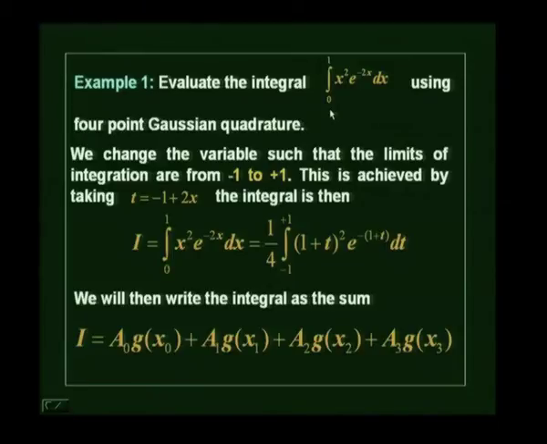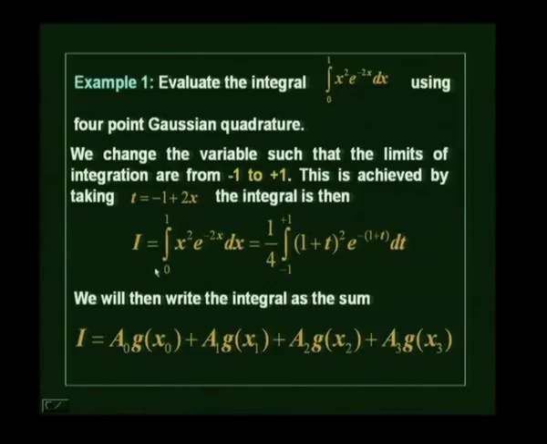So, we will make a slight change of variable, we construct a new variable t, which is minus 1 plus 2x. When x is 0, t is minus 1, and when x is 1, t is plus 1. So, the limits are now changed from minus 1 to plus 1 instead of 0 to 1.